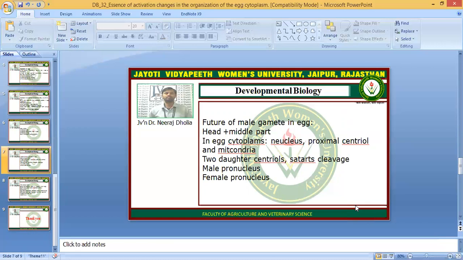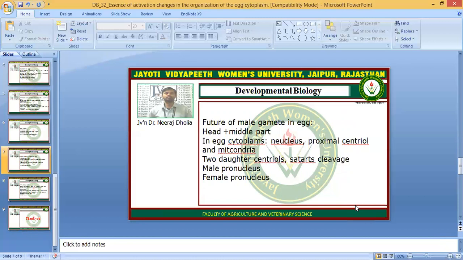In the egg cytoplasm, when the sperm enters the egg, it reverts at 180 degrees, and it takes a path towards the female nucleus, and finally they merge at a position.